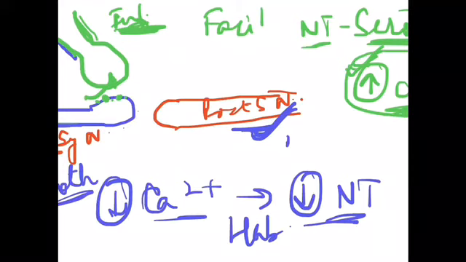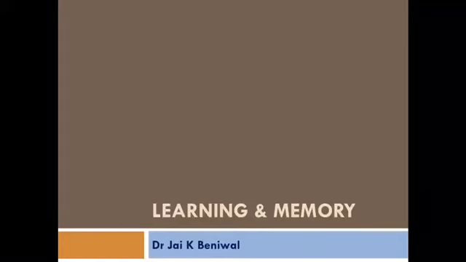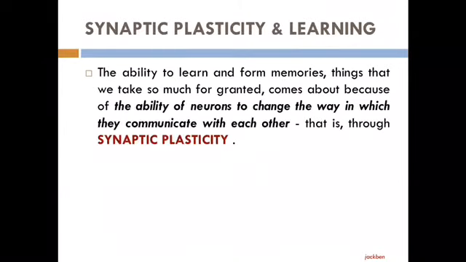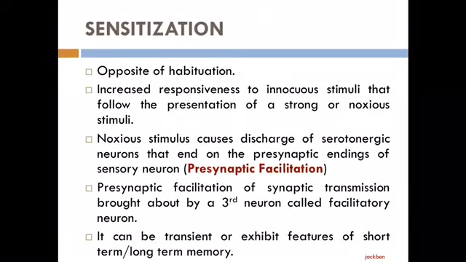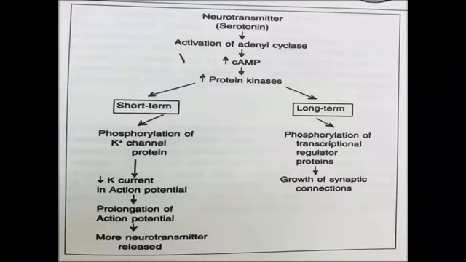What does this increased cyclic AMP do? If we look over here, this cyclic AMP, why is it increased? Because of the attachment of the serotonin to the receptor. And who is increasing after the attachment of the serotonin to the receptor?